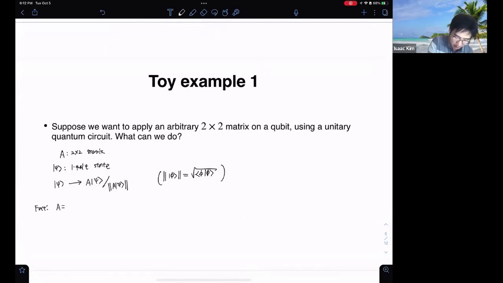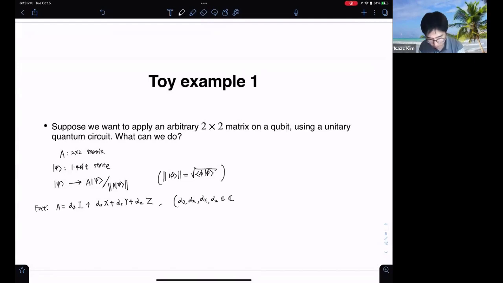So the first fact is this. A can be decomposed into a linear combination of Pauli operators. Without loss of generality, we can write down A as follows, where alpha I, alpha X, alpha Y, alpha Z are complex numbers, and X, Y, and Z are the Pauli X, Y, and Z operators.